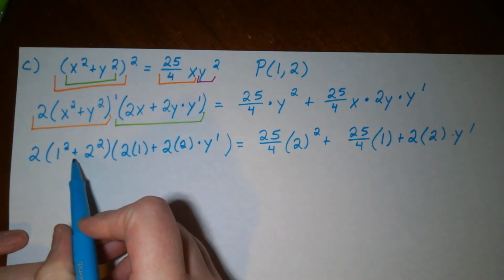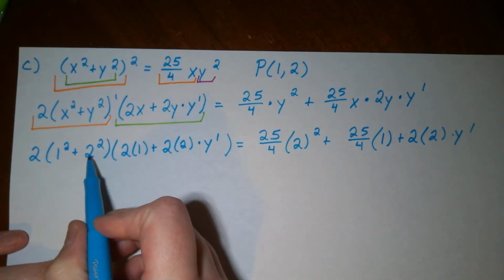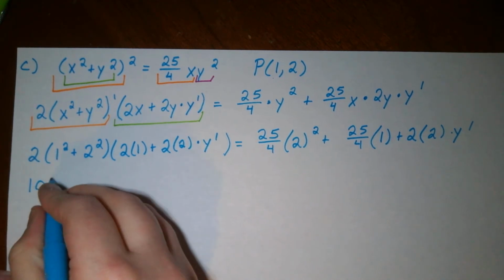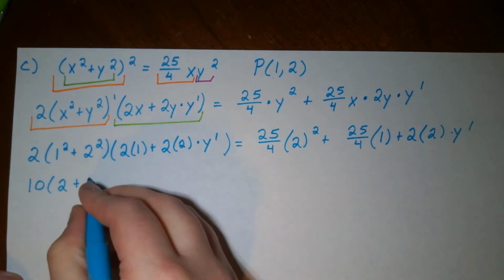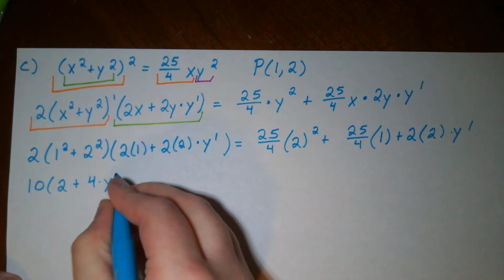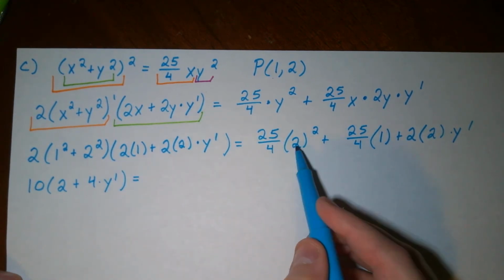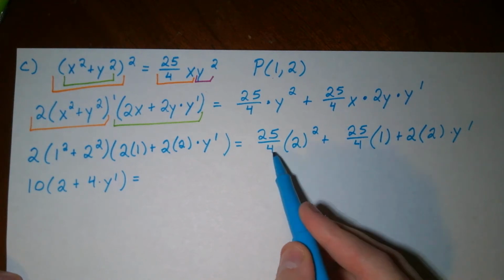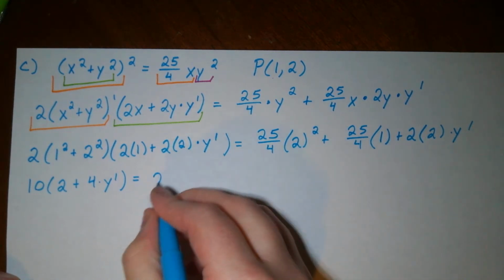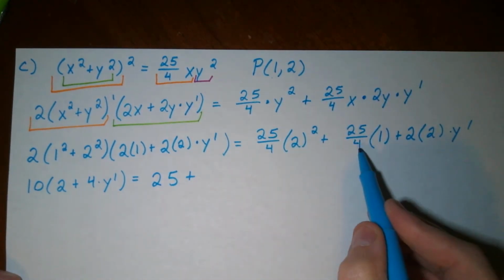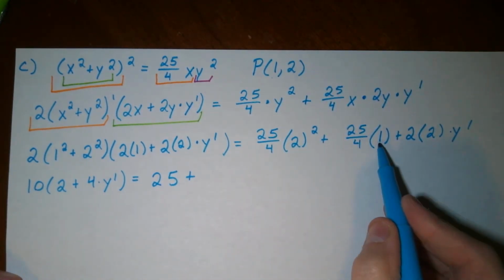So 1 plus 2 squared, that's going to give me 5, times 2, that's going to give me 10, times 2 plus 4 times y prime equals, so this is going to be 25 over 4 times 2 squared is going to be 4. Those 4's are going to cancel out, and I will be left with a 25 plus 25 over 4 times 1.